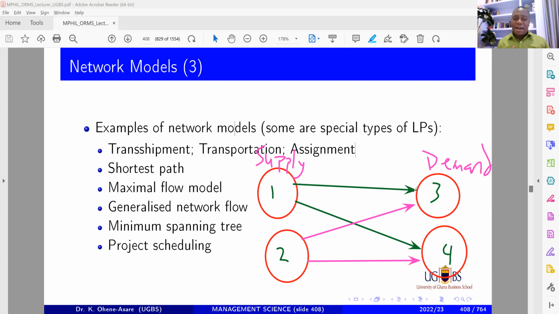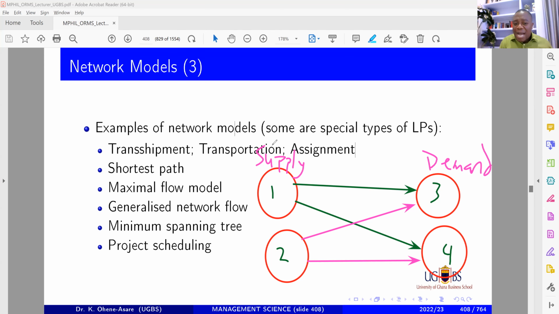So what is your decision variable? The decision variable is what you have to decide on, to produce or to send or to reduce. Your decision variable is the quantity of the items you want to send. Your decision variable is the amount of goods you want to produce.